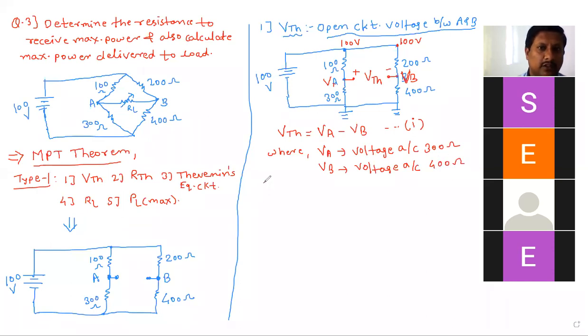Okay. Now VA we have to calculate. For calculating VA, so this is 100 volt. So first of all, we can take the first branch. This is 100 ohm and this is 300 ohm. And the voltage here is VA. So apply the simple KVL, voltage division, because this is a series circuit. Total voltage is 100. Then you can find out the voltage across this.